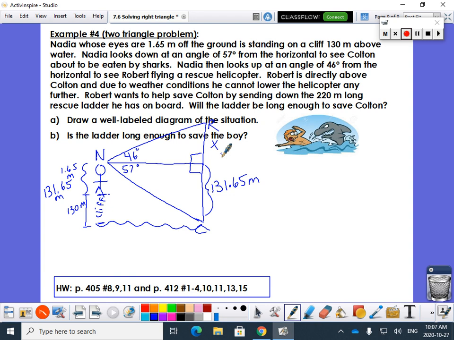Or do we maybe need to figure out something down here? Okay, so if we have this here, and we have this, which is opposite, what else do you think we could figure out that would help us then to come up here and solve for x?